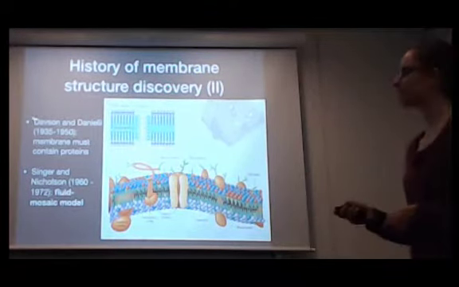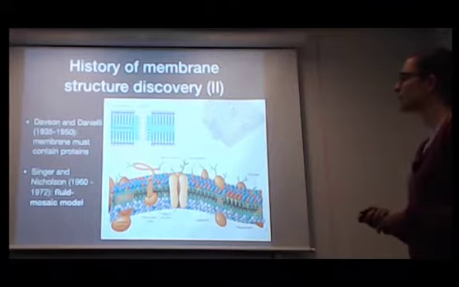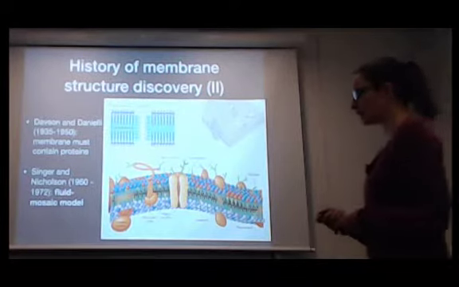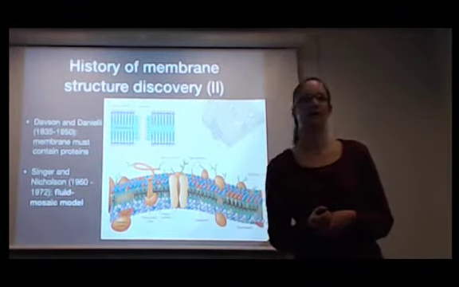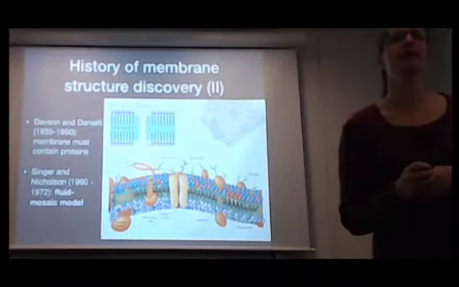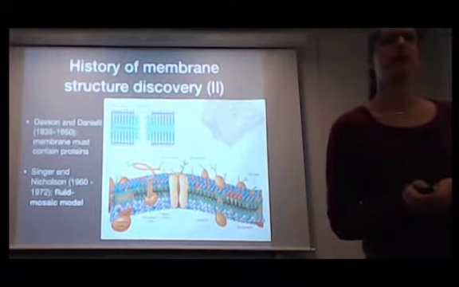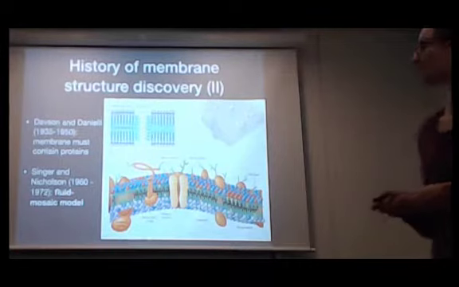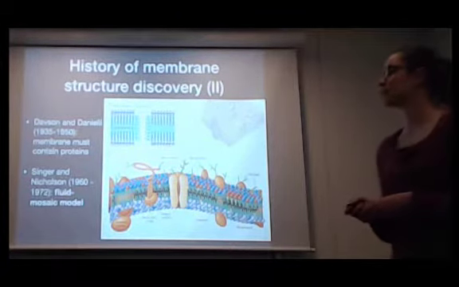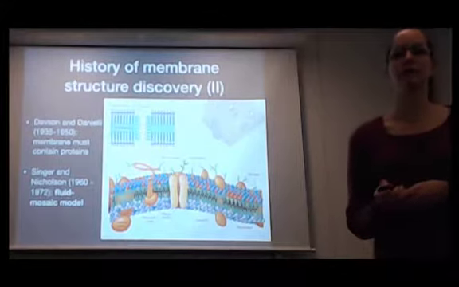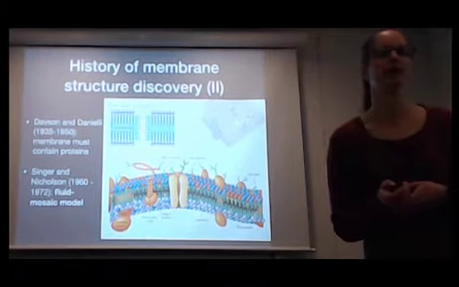Soon after, it was realized that the surface tension you expect from a bilayer is quite different from the surface tension you get from a cellular membrane. The hypothesis became that there must be other compounds involved in making the bilayer.